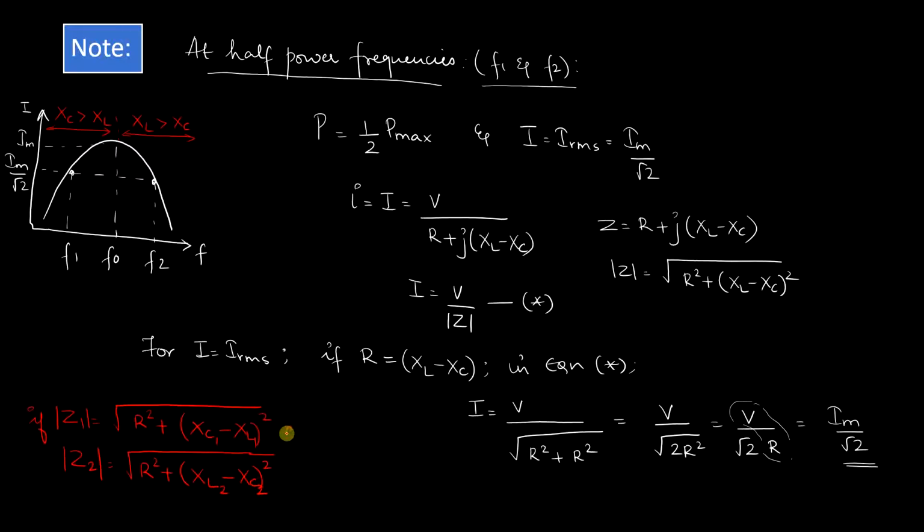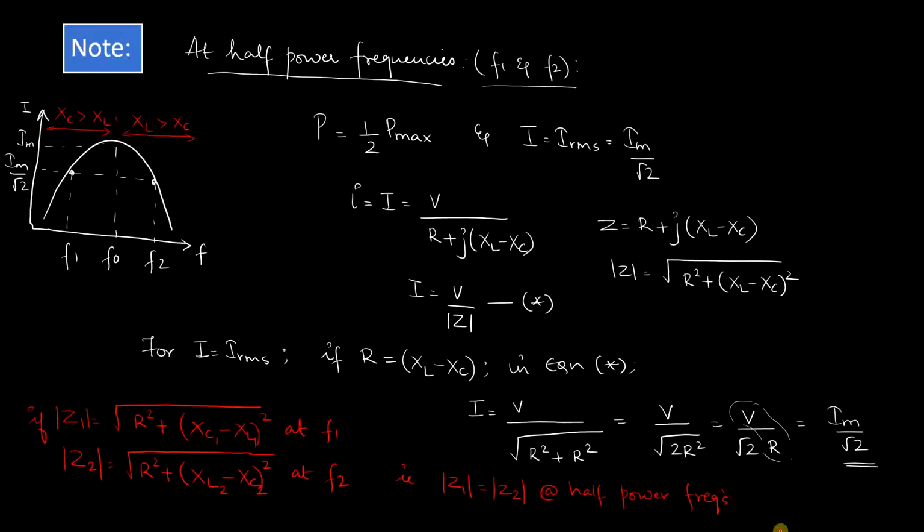So this is at frequency F1 and at frequency F2. Another thing to be observed is that the impedance at F1 and the impedance at frequency F2 can be considered equal. That is, the magnitude of Z1 equals the magnitude of Z2 at half power frequencies. Can you tell me why?